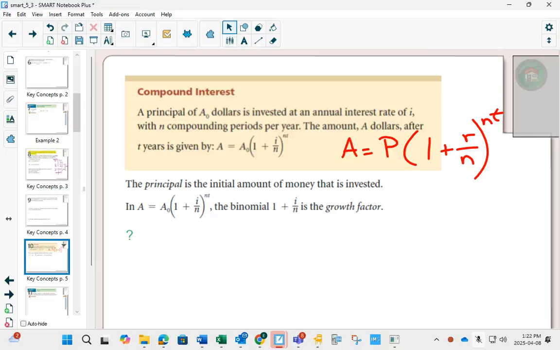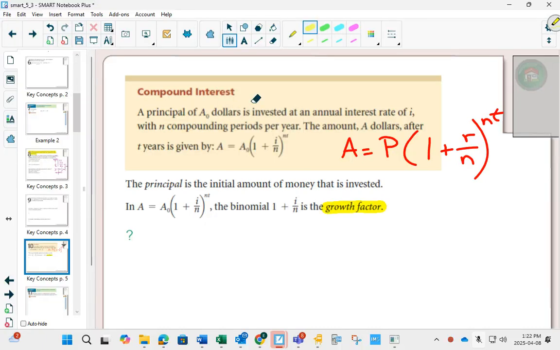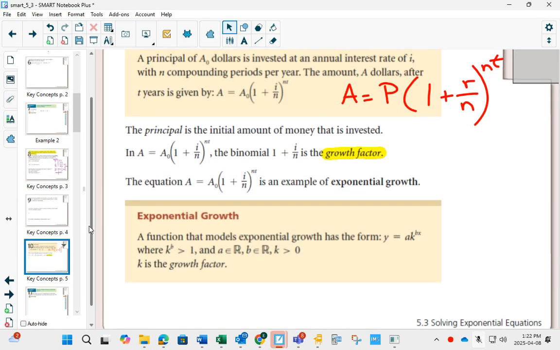And because this little part here is bigger than 1, your money is growing. We call that the growth factor. Okay? And whenever you have something where it's growing, we call that exponential growth.